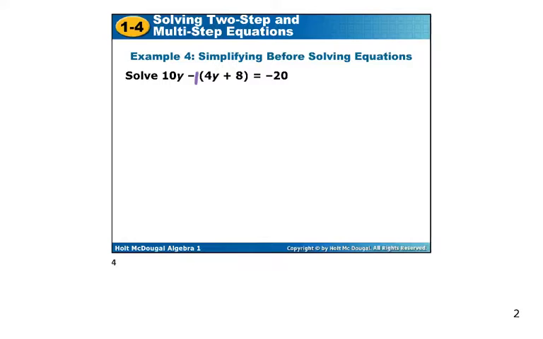You can think of it as multiplying by negative 1, or just distributing the negative, so everything becomes the opposite sign. Since this is a positive 4y and a positive 8, they'll both become negative. So officially we'll have 10y, and then we're going to subtract 4y and subtract 8.